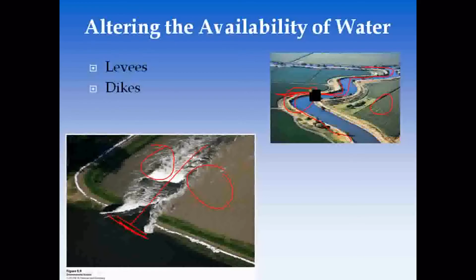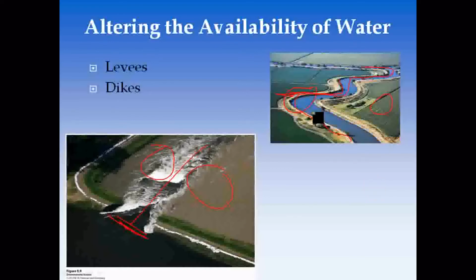Also, because those sediments do not end up jumping the banks and landing in this area, that sediment will just continue to flow down the river, and it will end up at the mouth of the river, and that causes problems where the river enters the ocean.